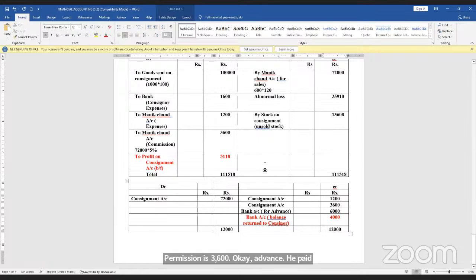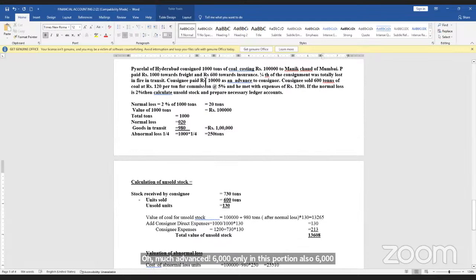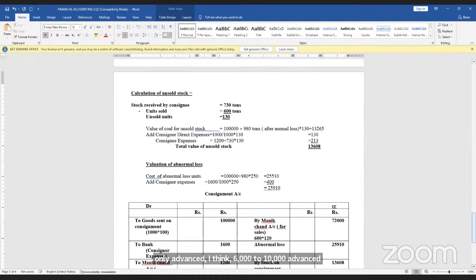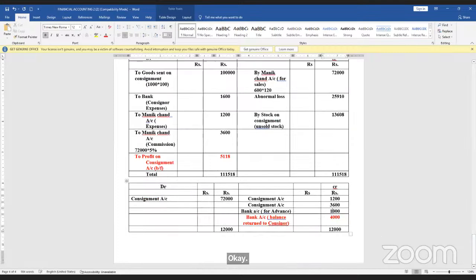Okay. Advance he paid. How much advance? 6,000 only. In this question also 6,000 only advance, I think. 6,000 to 10,000 advance. Okay, advance he paid 10,000, bank account for advance 10,000. So what is the difference? This is 14,800 from 72,000. 72,000 minus 14,800, you will get 57,200 refunded to the consignor.